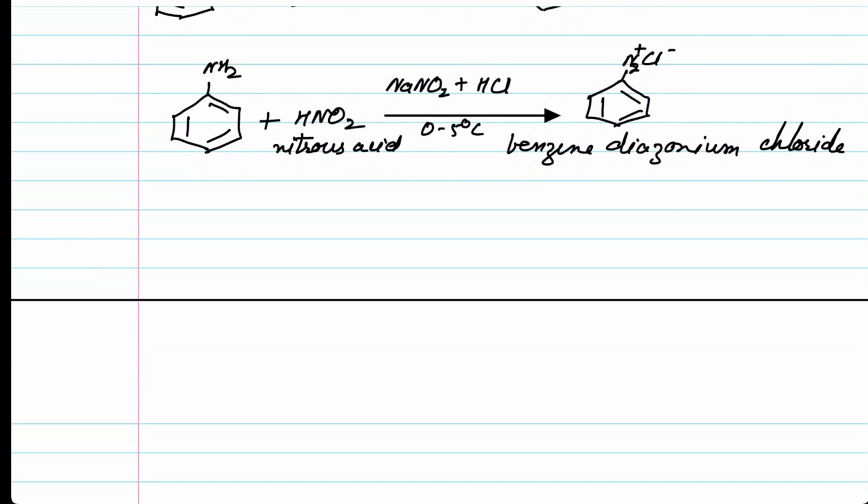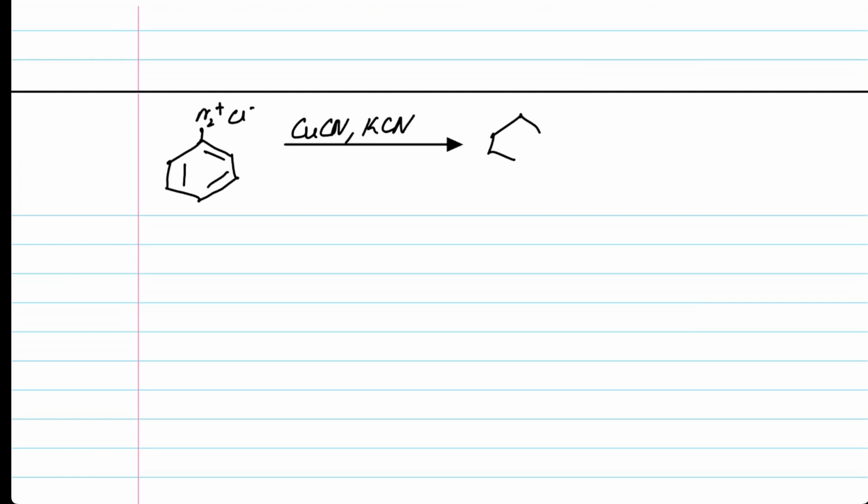Now, this particular diazonium salt can further react in many ways to give the aryl halides. We have N2 plus Cl minus. If this N2 plus Cl minus is reacted with CuCN in presence of KCN, we get benzonitrile.